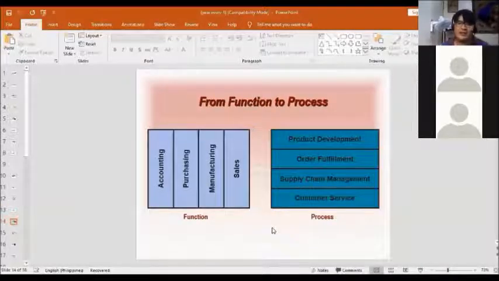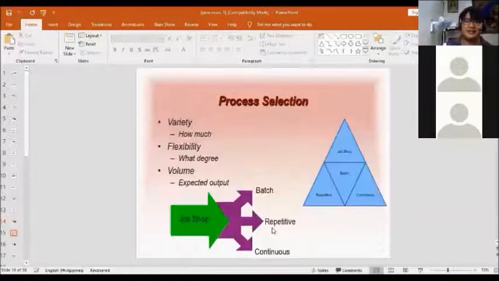Okay, so from function to process. In an organization, some are assigned for functions and some are assigned for processes. Under function, we have accounting, purchasing, manufacturing, and sales. In the process view, these are divisions in an organization: some are for product development, some for order fulfillment, some for supply chain management, and some for customer service.